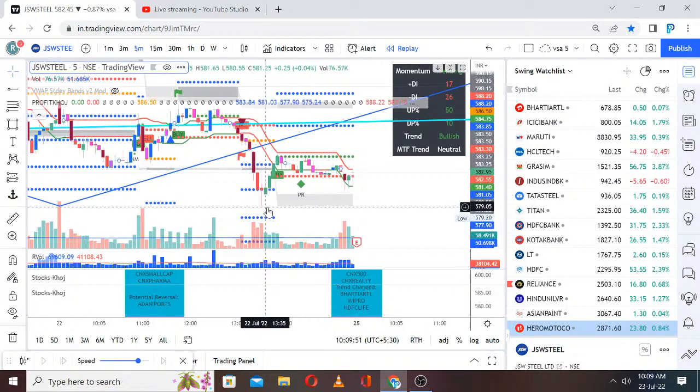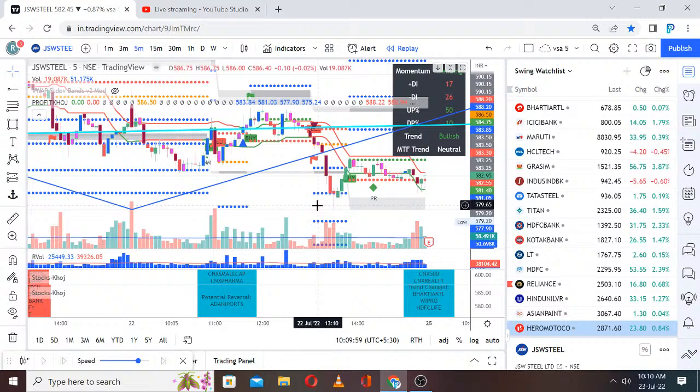We're looking at the uptrend now. It is giving the uptrend for now. So during market hours, we have to check. So let's replay.